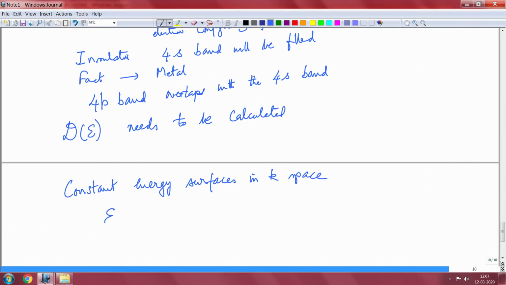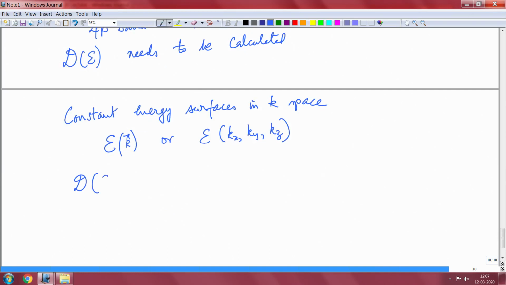We know that energy is a function of k vector, or energy is a function of kx, ky and kz. And we want to find out d of E between energies E naught and E naught plus dE or delta E, whatever you want to call it.